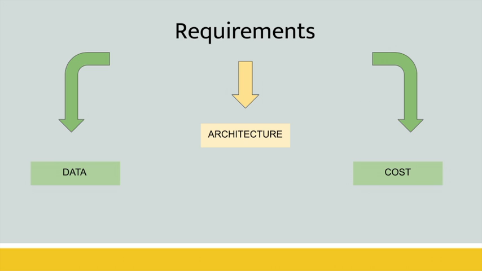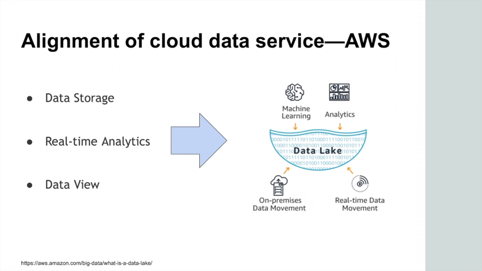The architecture must be multi-tier to support a needs-based activity model, such as batch or real-time analysis. And the third and last one is that we need to give a cost profile for our architecture.